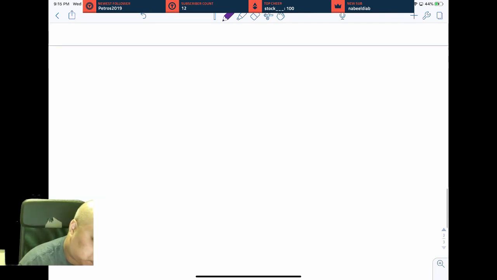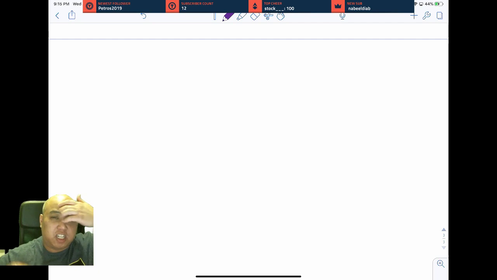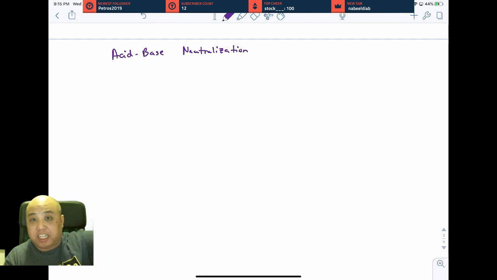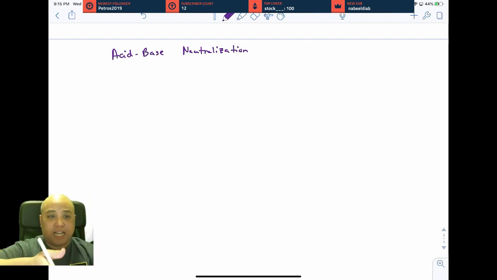But so acid-base neutralization is another big stoichiometry thing, okay? Here, this is a titration essentially, where you're reacting an acid with a base and you're trying to find out an unknown molarity or unknown volume, things like that.